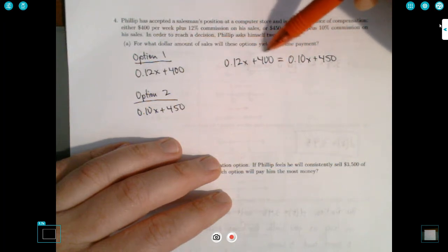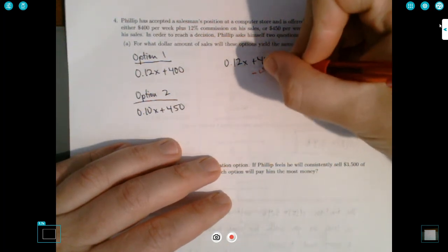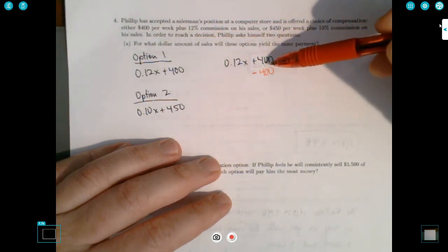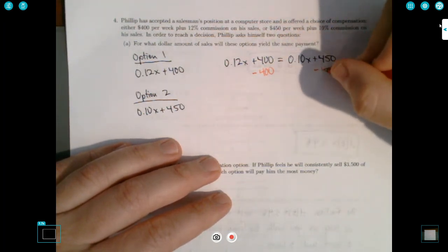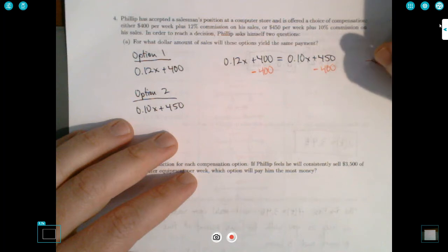Currently I'm adding the 400, so in order to cancel it off, I need to subtract 400. Now, I'm allowed to do that as long as I also subtract 400 from this side. The reasoning is, you can think of this like a balance scale. I'm going to do a horrible job of drawing this, but you've got a balance scale, right?